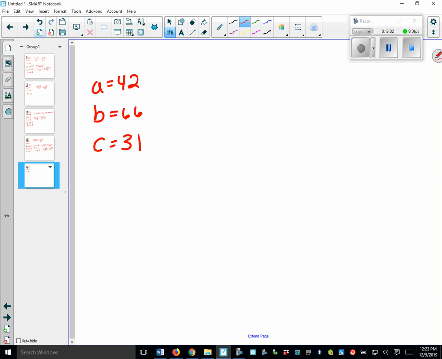Oh, we gotta use the law of cosines. What are we going to find?